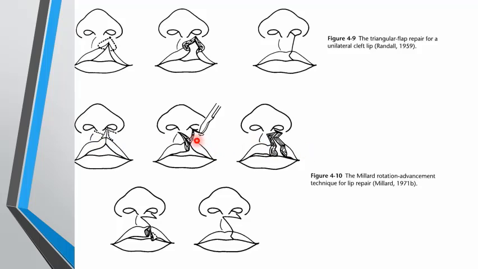The part of tissue between them is called the columella flap, which is rotated upward to close the nasal floor and may be used to lengthen the columella. This is the final line of the scar formed.